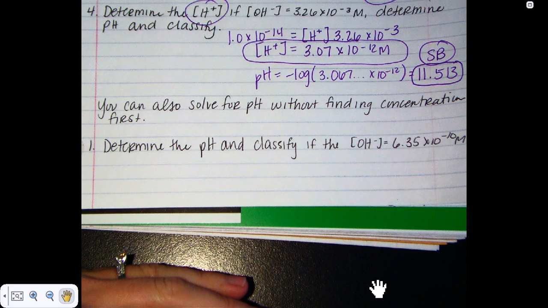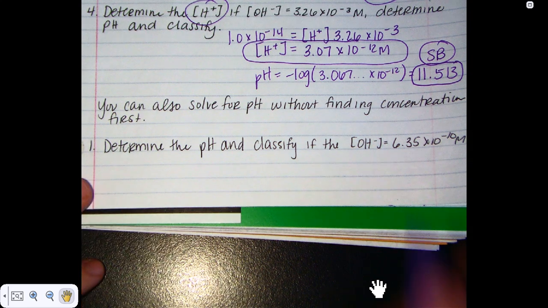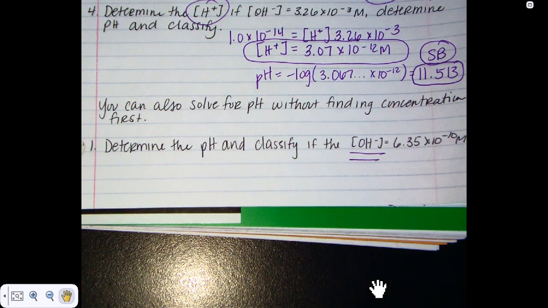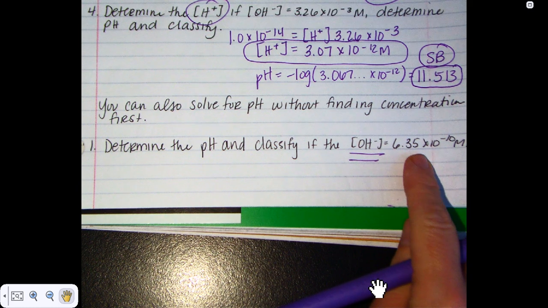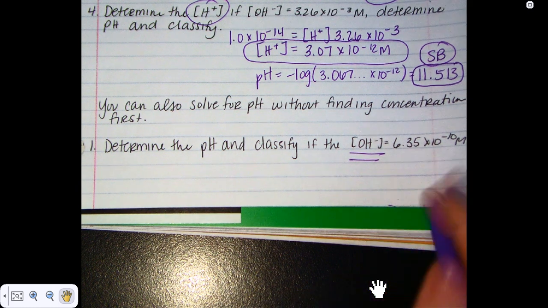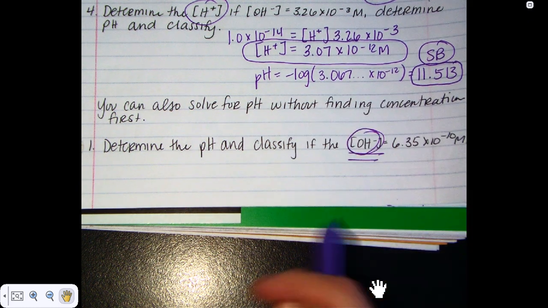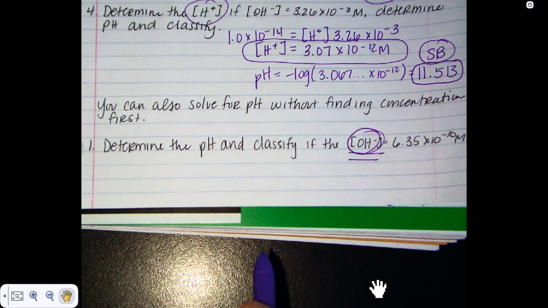Determine the pH and classify if the concentration of OH is 6.35 times 10 to the minus 10. So if I'm just going to find pH and I'm given OH, I'm going to take this value and negative log it. But what I have to remember is this is OH. So that means I'm going to be generating a POH value, and then I subtract from 14.